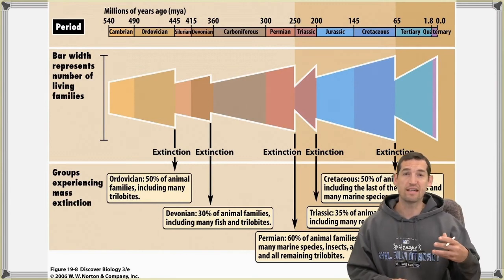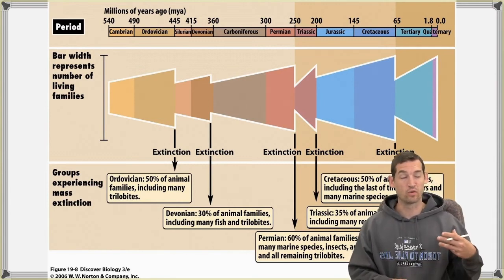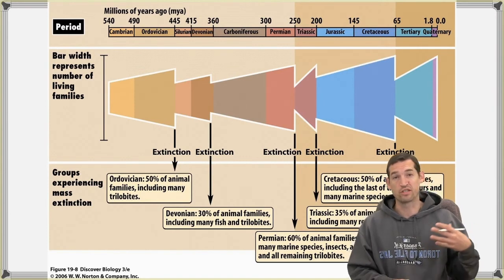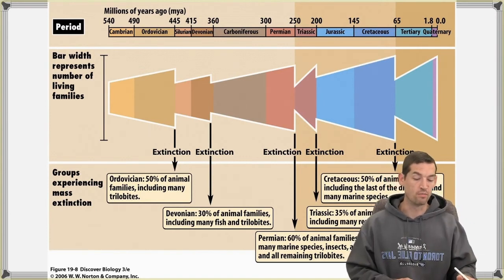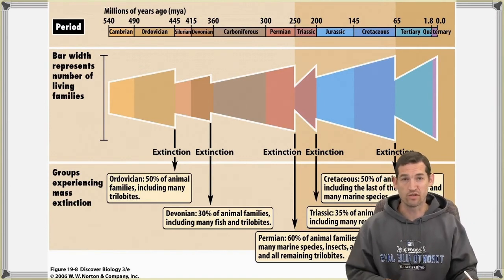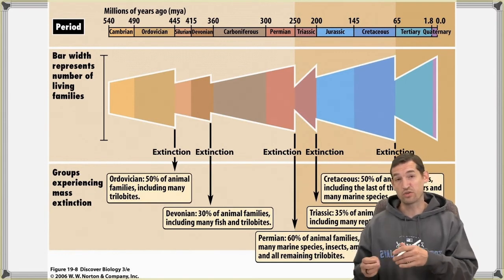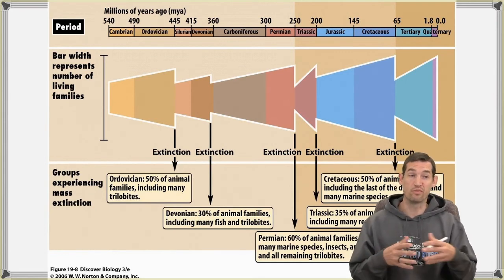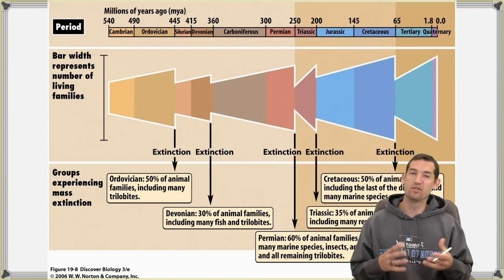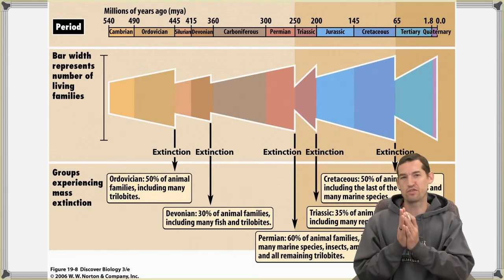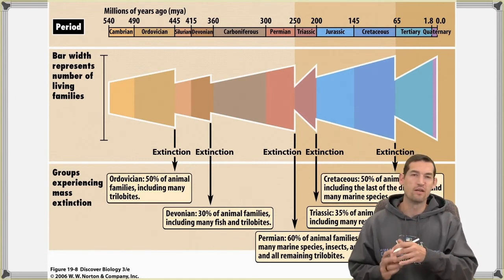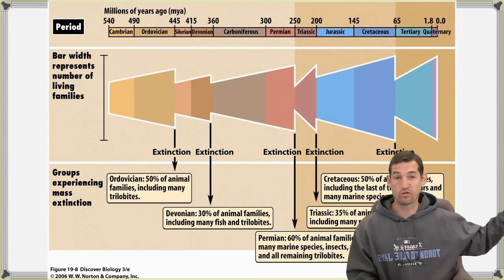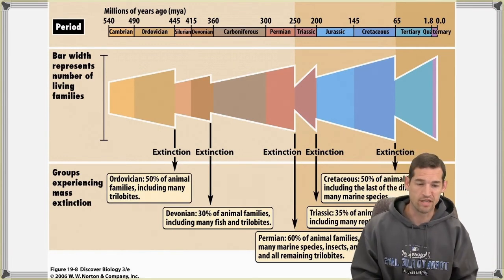Species that had adapted, like the mammals, for example, that could keep warm, or maybe even, if you watched one of the other videos I gave you, the dinosaurs that had begun to develop feathers, had a little more insulation, and so maybe they survived that change to eventually turn into the birds and the things that we have now.